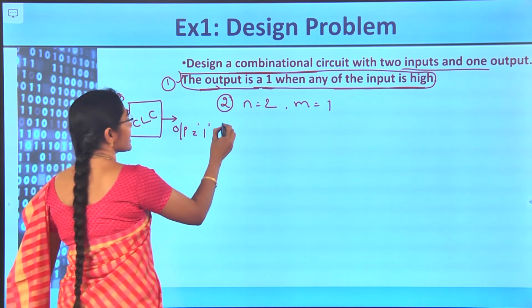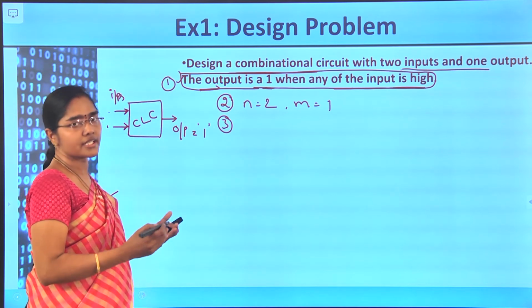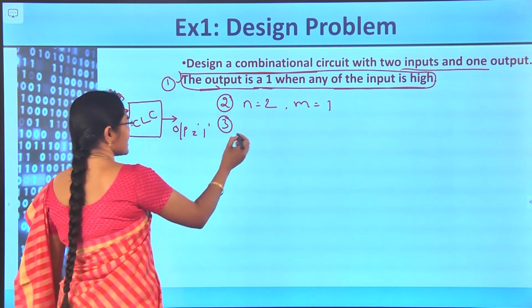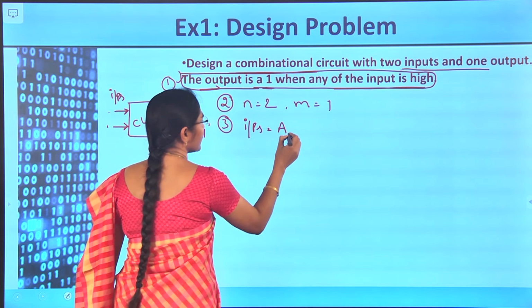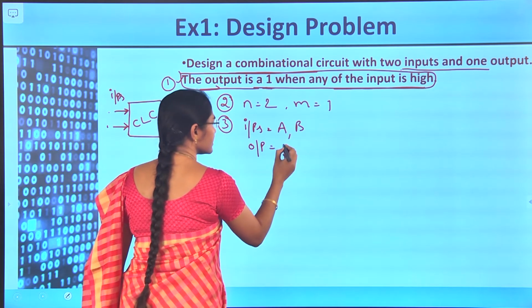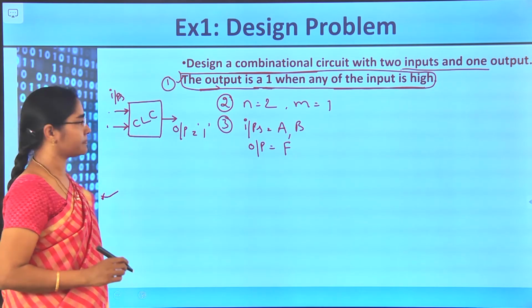And what is the third step? Assign letter symbols to the input variables and output variables. So, let us take the inputs as A and B, because there are two inputs, and the output as F, since it is only one variable.